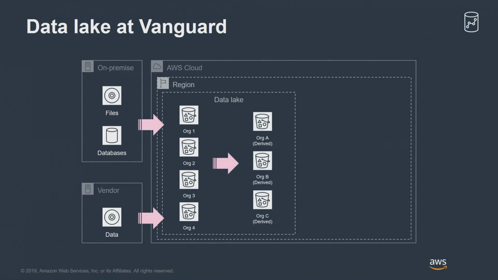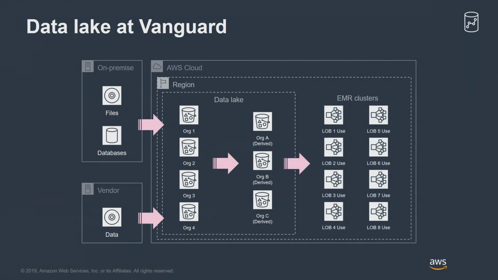You will have different lines of business organizing those S3 buckets inside AWS, and then they will be running EMR clusters to organize and ingest that data. So they transform and analyze the information.